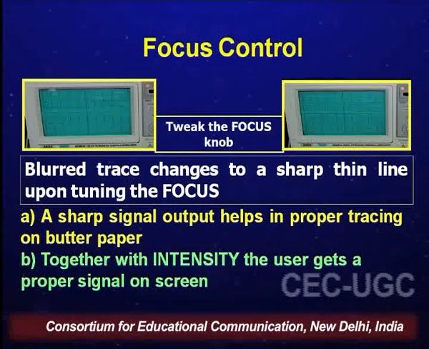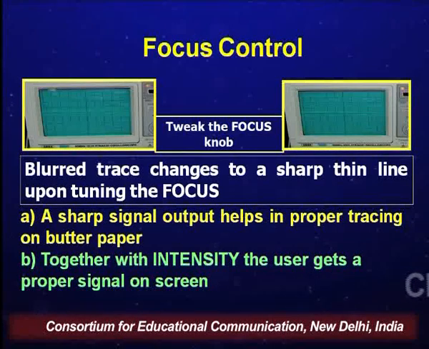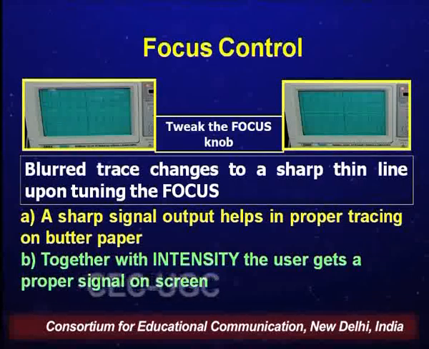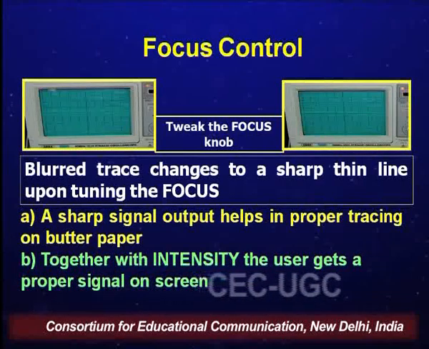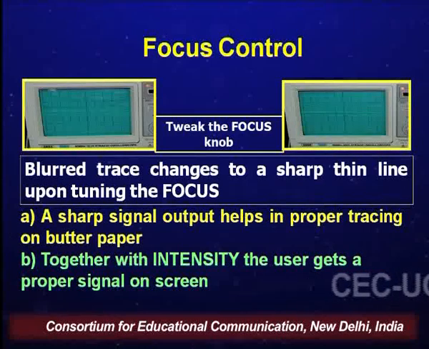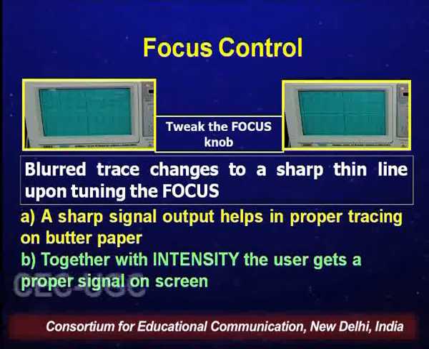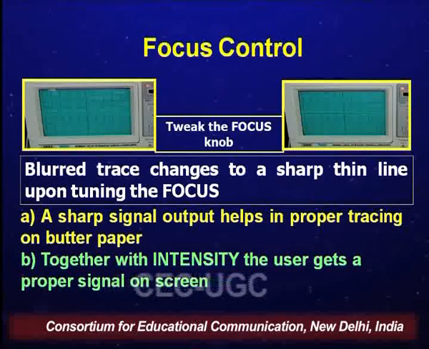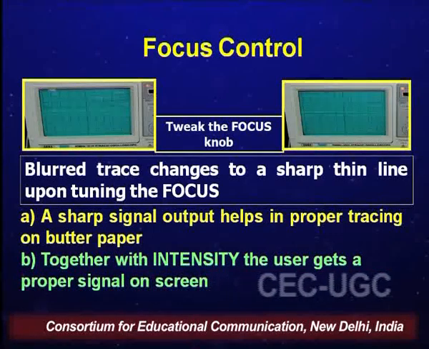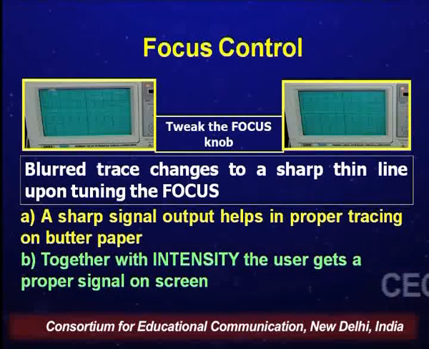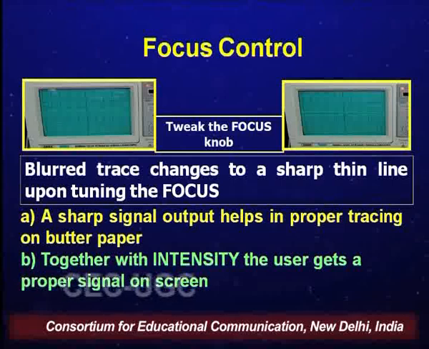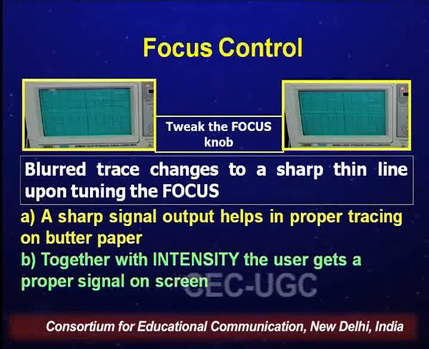As intensity of the electron beam gets increased or decreased, the focus of the electron beam also has to be taken into consideration. High intensity means more and more electrons are being generated by the cathode and being sent to the screen.